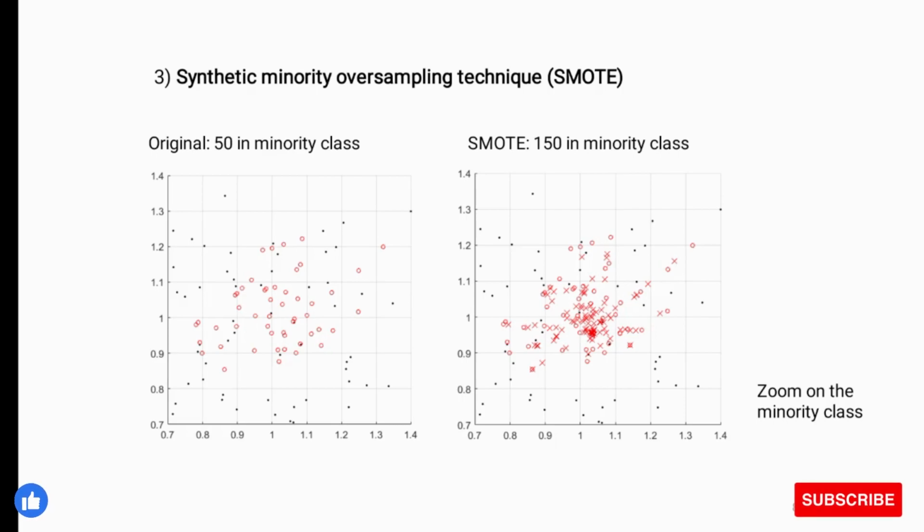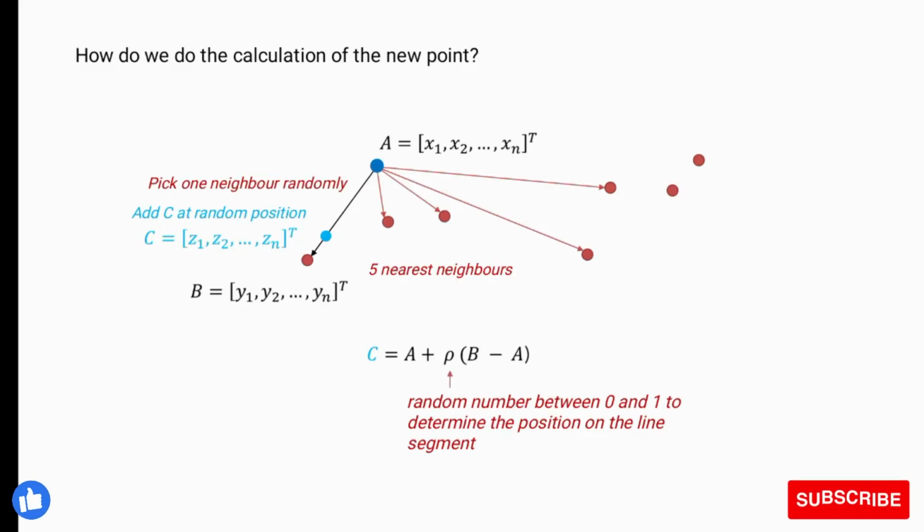Okay, so let's have a look at the maths of how we actually calculate this new point. So A is our original data point of all of the features, whatever dimensional data we're talking about. It's nice and easy on the board to do 2 dimensions, but it could be 178. Doesn't matter.